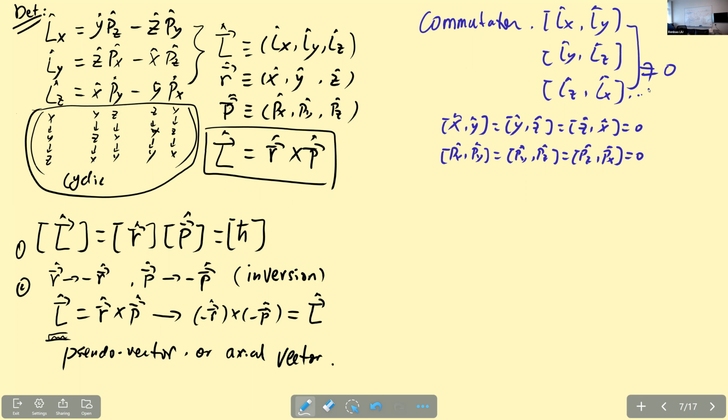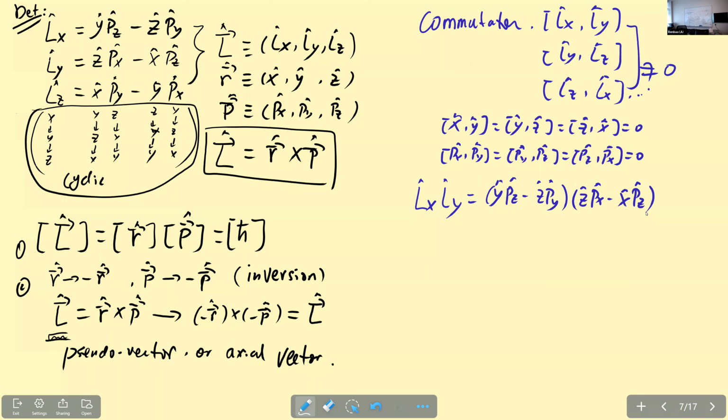So let's check one first. Lx and Ly, by definition: that's y pz minus z py, and then z px minus x pz, right?